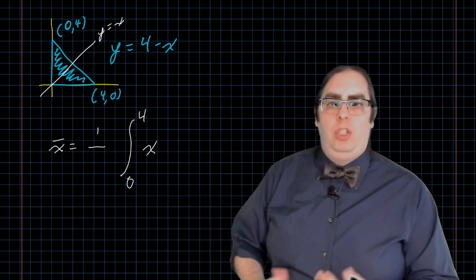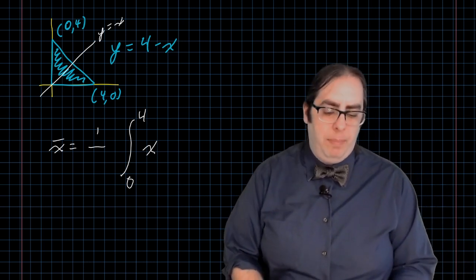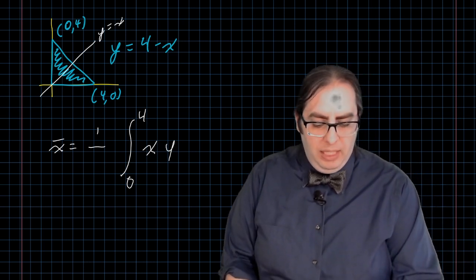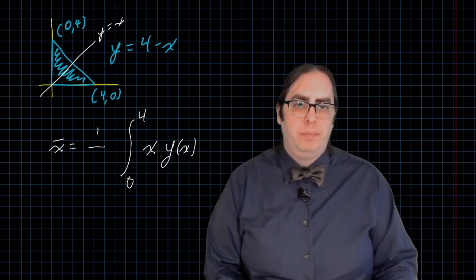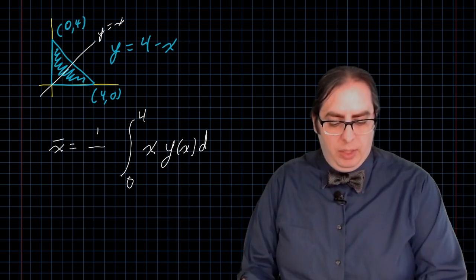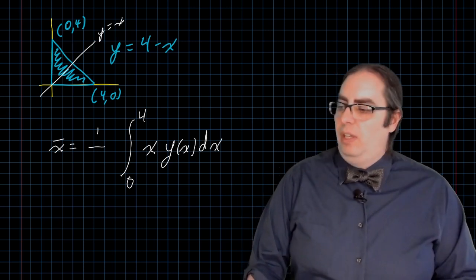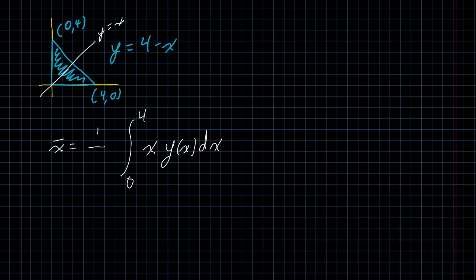One thing that I can use to represent the number of points of a particular value is the height at that point, y of x. And I said I was going to integrate going left to right. Going left to right is dx. And with that, I actually have an integral. I know what the value of y of x is. I know what x is, and I know what dx is.